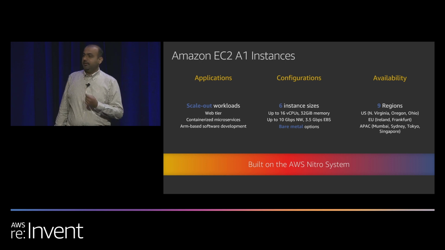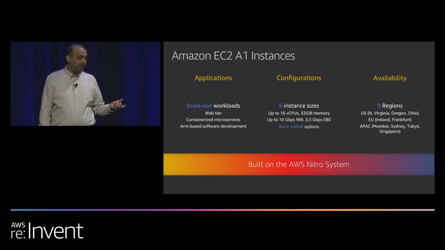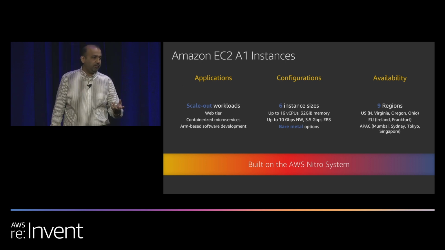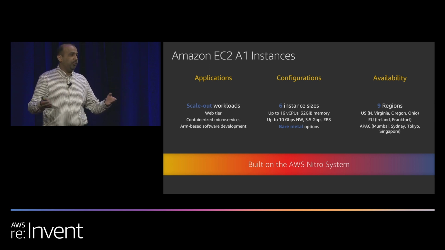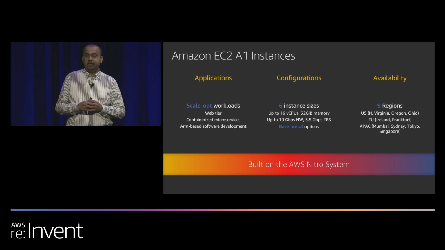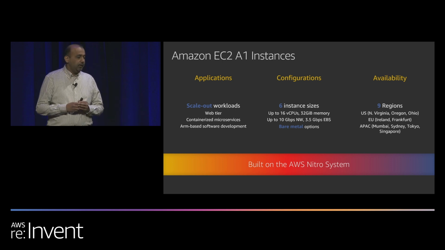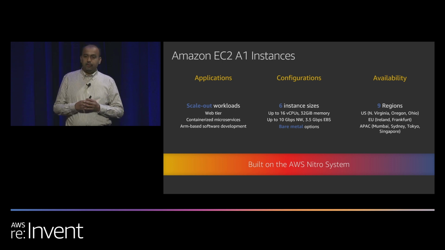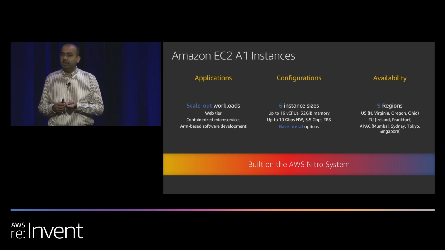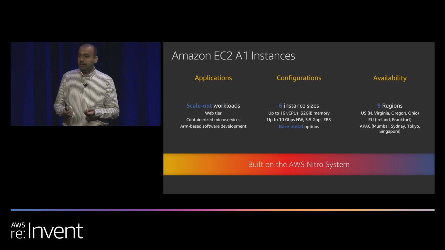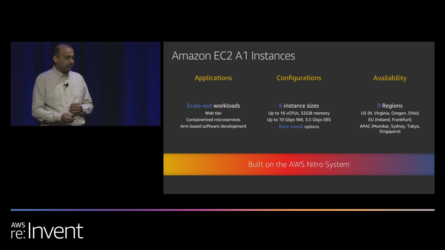So this includes applications such as web tier, containerized microservices, essentially applications that can be distributed across multiple smaller cores and fit within a certain available memory footprint. What we've also seen is a lot of the ISVs, software developers, have been using the A1 instances for Arm development natively on Arm hardware in the cloud, as opposed to either procuring real devices or cross-compilation or emulation.